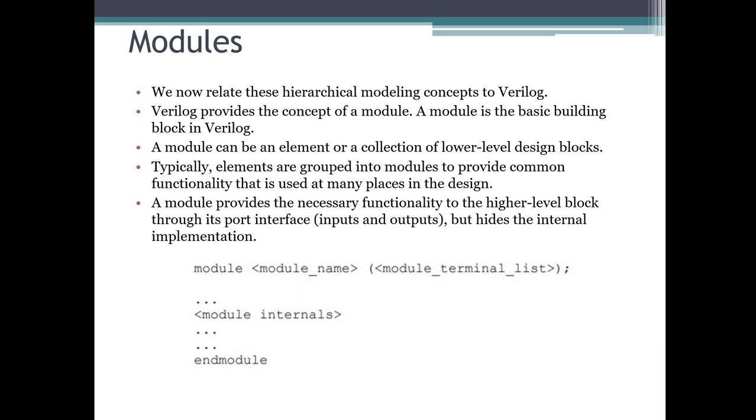So ports or signals, you can say either. It is saying that a module will provide the functionality to the higher level block. What is inside won't be visible, but with the help of input and output ports, you can use that functionality.